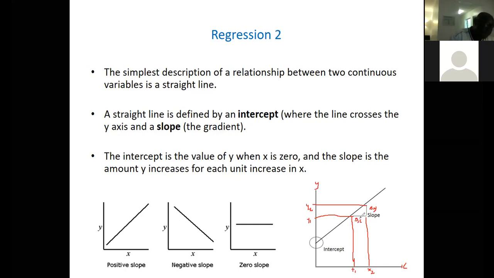Because the intercept is where the graph crosses the y-axis. Y is the vertical. You all know that. If it's correlation, there's no y and no x.